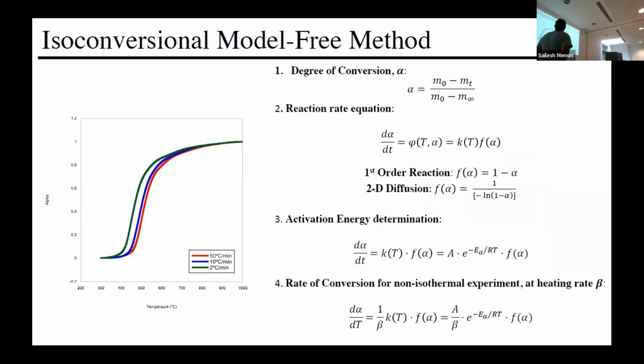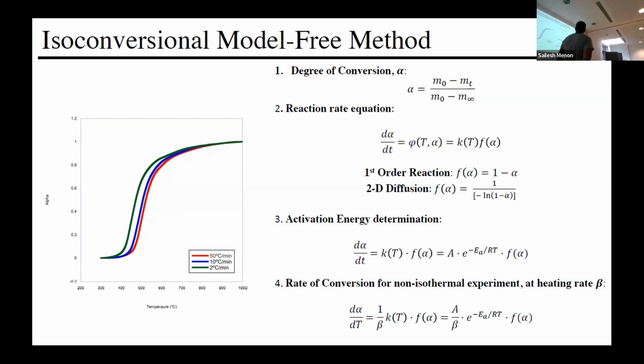To do this, I'm using the isoconversional model-free method to determine my kinetic parameters. Typically when looking at kinetic parameters, they treat the pyrolysis as one step, so you obtain only one activation energy, even though you may have multiple reactions occurring.